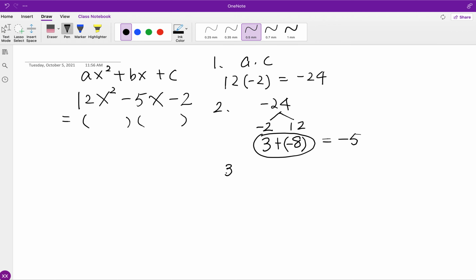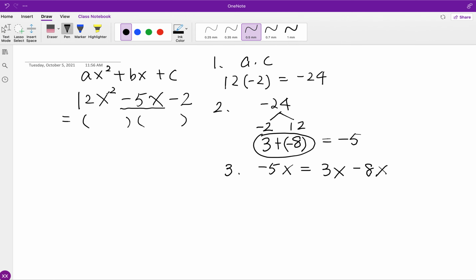Now the third step is I have to rewrite this -5x into two x terms. So -5x, I'm going to rewrite it into 3x subtract 8x. They're absolutely equal because they're the same thing.